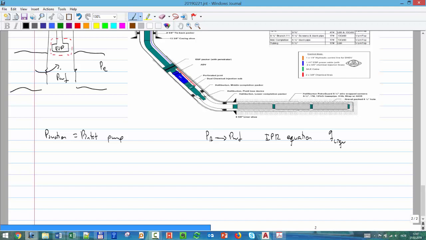Q liquid means the liquid rate, which is the rate of oil plus the rate of water. It will be J times PR minus PWF. Now we have to move all the way to the suction of the pump, so we go from PWF to P suction.